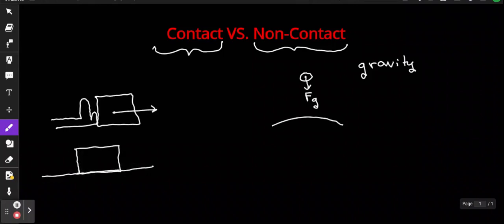So if the object was already moving with a certain velocity on a surface, a force of friction would be pointing the other way, or the opposite way of the direction of the object, and this requires contact between the box and the surface. So let's go over what friction is a little bit more.